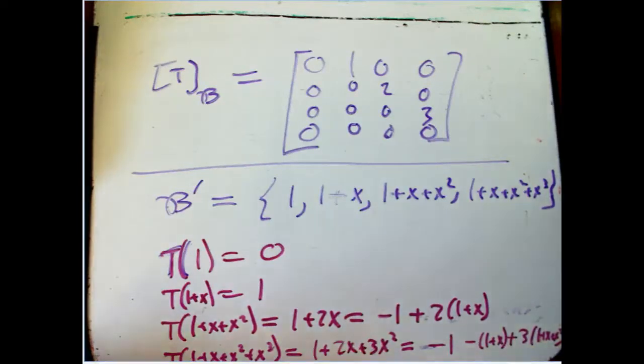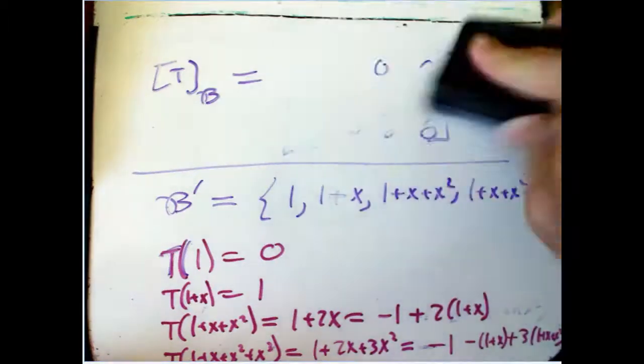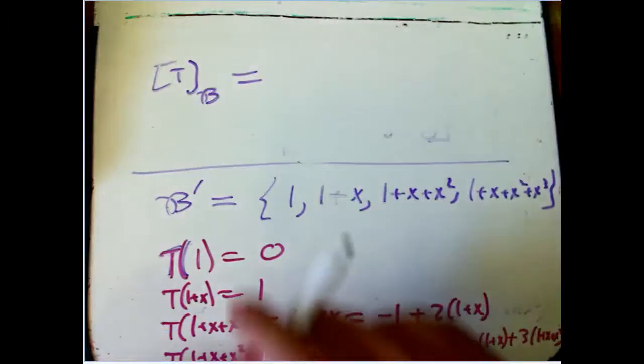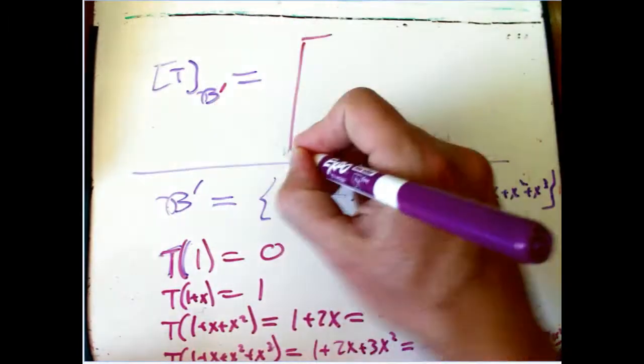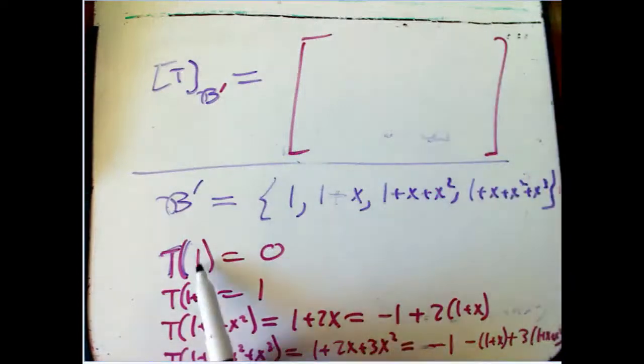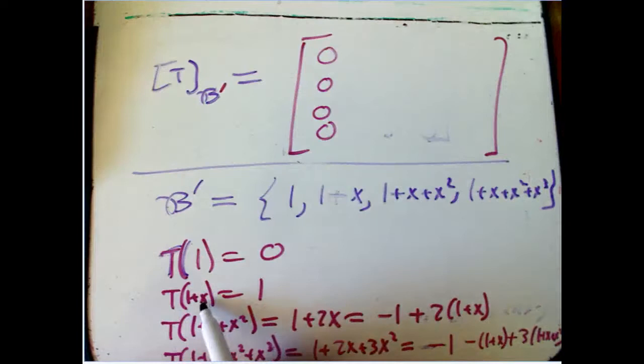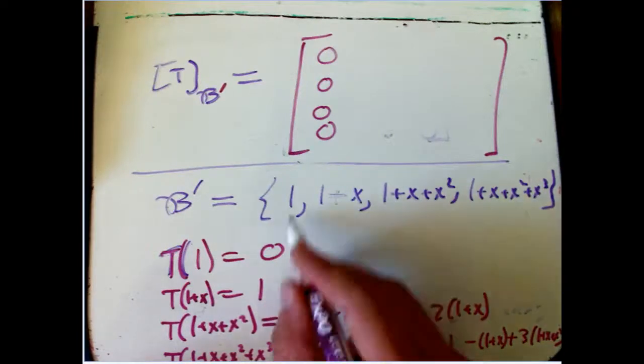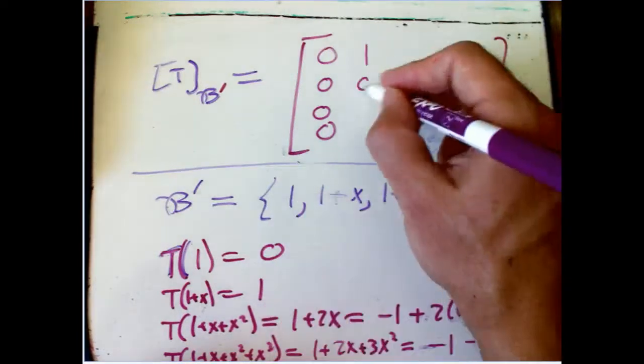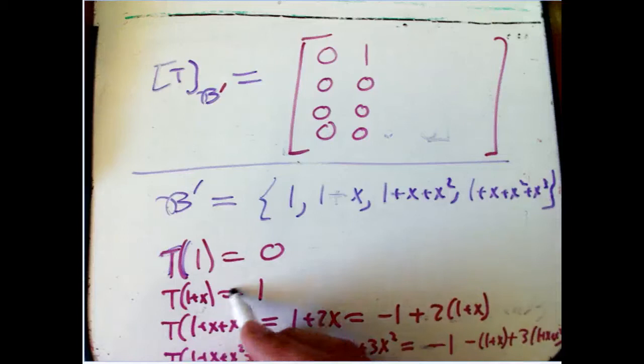Okay, so now, I could just almost use the whole thing. The matrix of T in B prime, then, is that first thing just gave us zeros, so that's still the same. The second basis vector was just that first basis vector. The output was just that first basis vector.